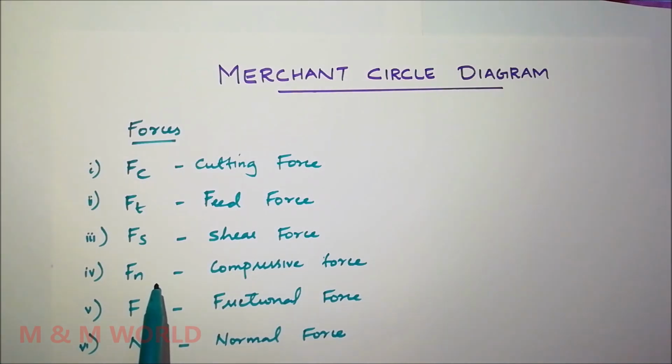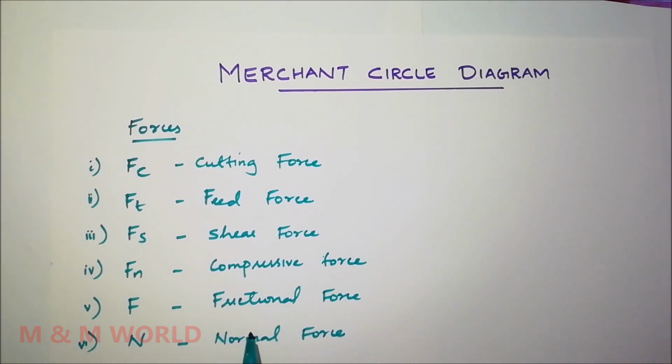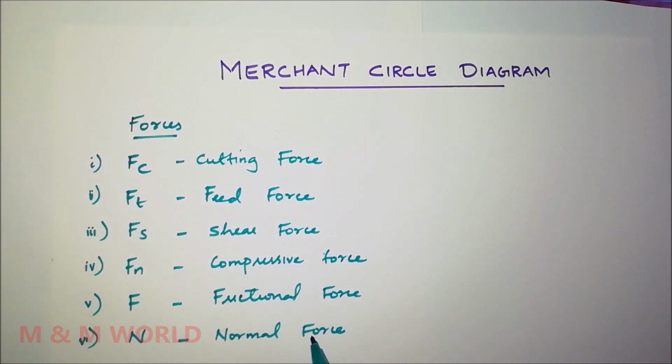Fn is the compressive force on the shear plane, or the force acting normal to the shear plane. F is the frictional force, or frictional resistance of the tool acting against the motion of the chip. N is the normal force provided by the tool.